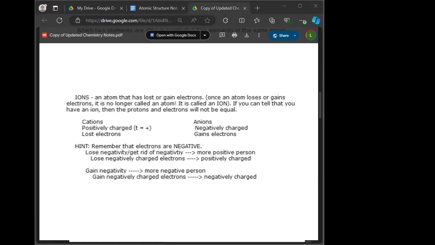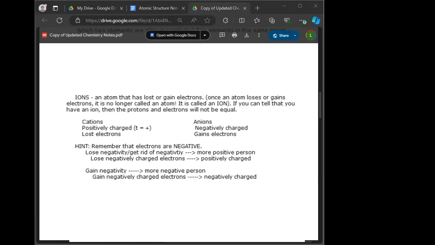Once an atom loses or gains electrons, first of all, you can't even call it an atom anymore. You now have to call it an ion. And once you know that you have an ion, the number of protons and electrons will not be the same.